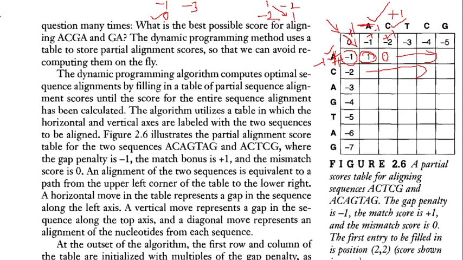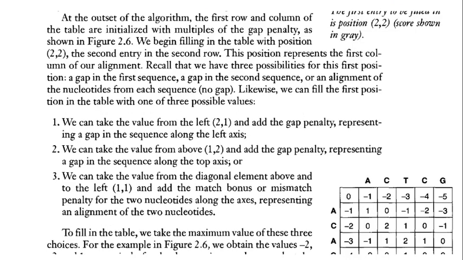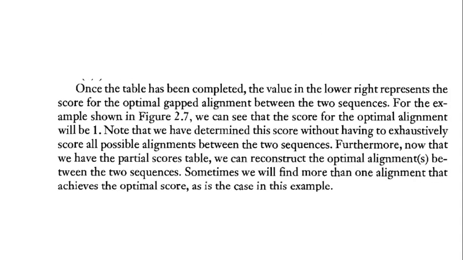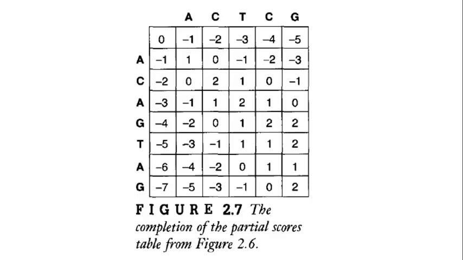That is how we are going to fill everything which they have mentioned. We can see how the table is filled. We need to look at these three areas when we are filling this one.